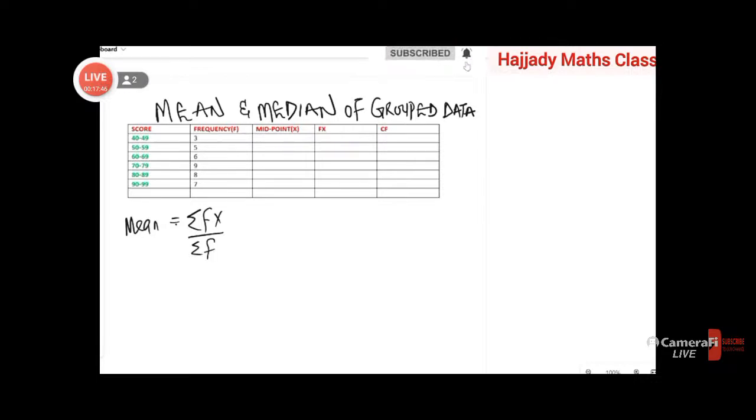This means that we take the product of the frequency and the midpoint x, which is fx. So we are going to get the summation and divide by the summation of the frequency.